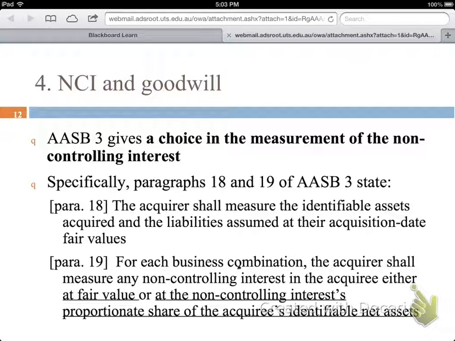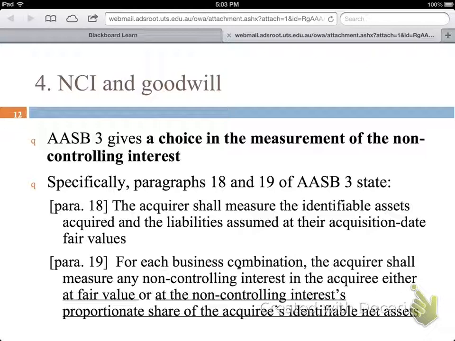If you're using fair value, then the amount will be given to you in any question, so you don't have to calculate anything. If it's not given to you and the question says the proportionate method is being used, then you will have to calculate the amount of non-controlling interest.